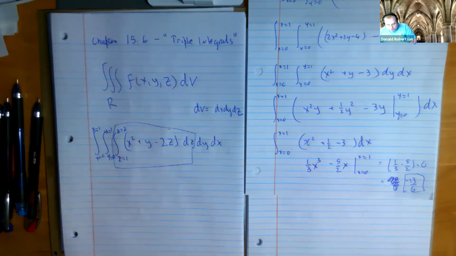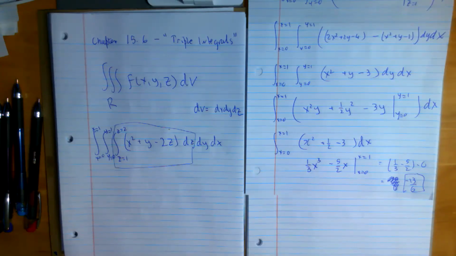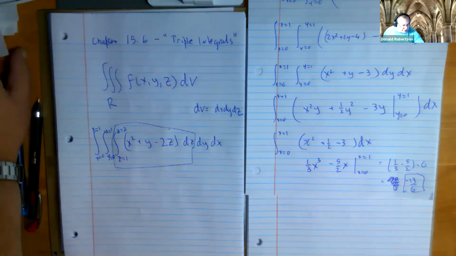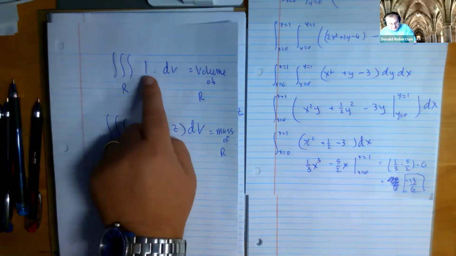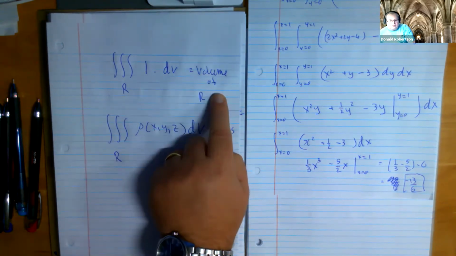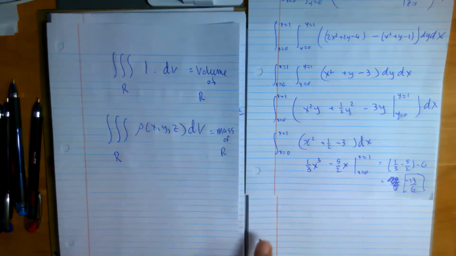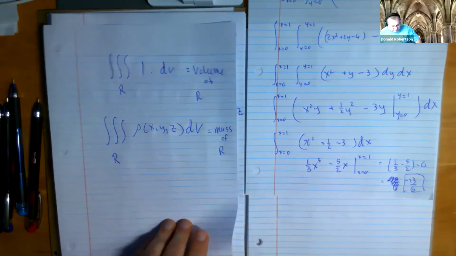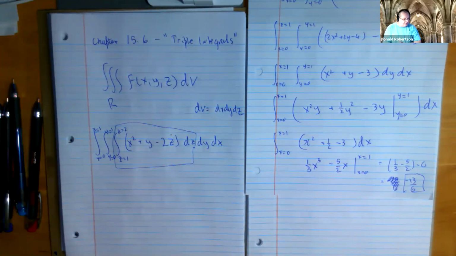All things are possible, except when it's the two special cases. If that's a 1, this better be a positive number. Agreed? And this is mass. This better be a positive number, right? But apart from those two special cases, Reese, you had a question.